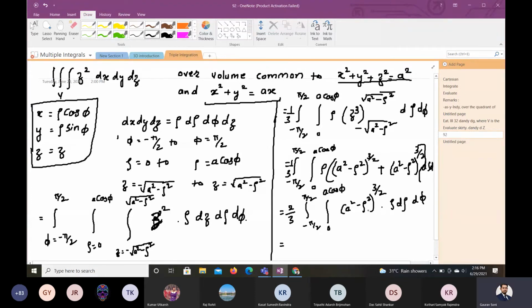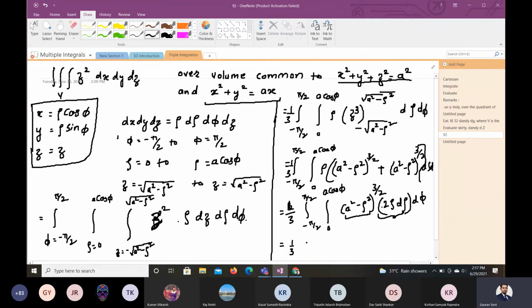So a square minus rho square can be considered as t, and 2 times this, I'll make it 1 here, and I'll make this 2 rho d rho. So if I'm considering this term as t, this term becomes dt. So what we are actually integrating is t raised to 3 by 2. What is the integration of t raised to 3 by 2? T raised to 5 by 2 upon 5 by 2.